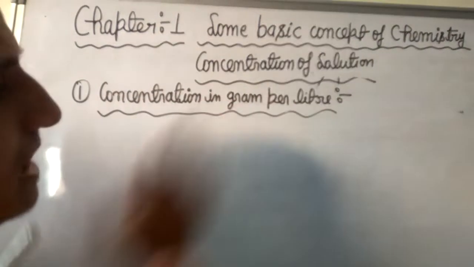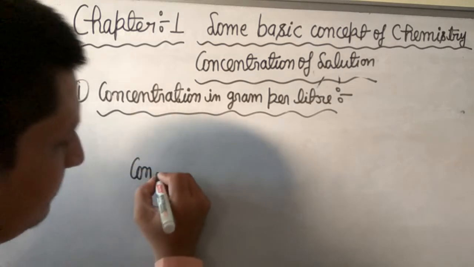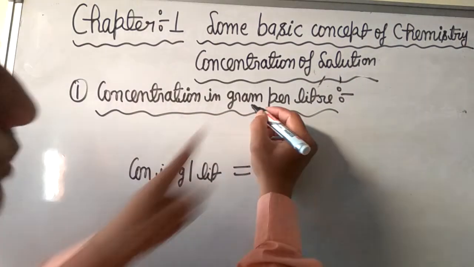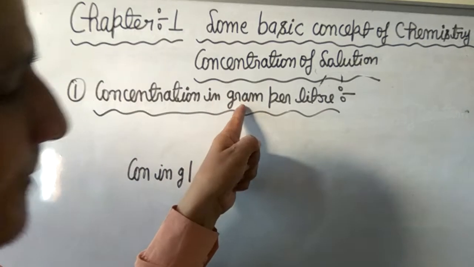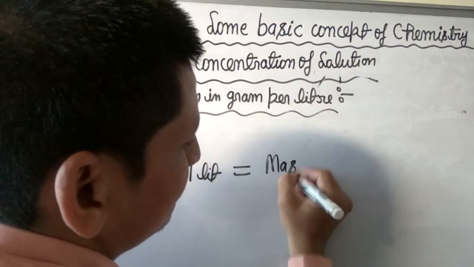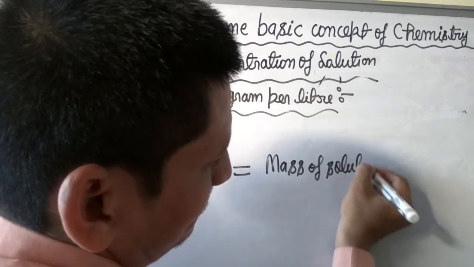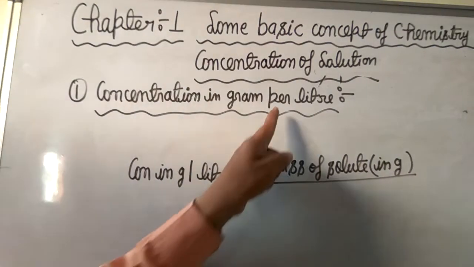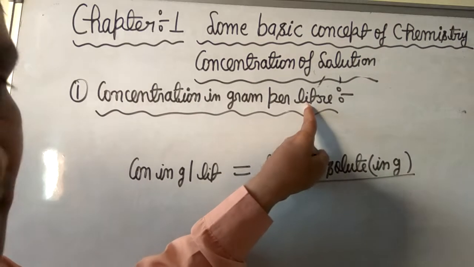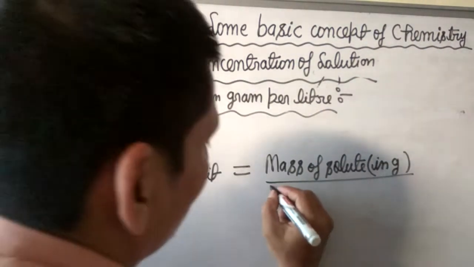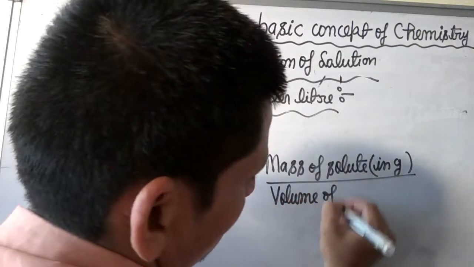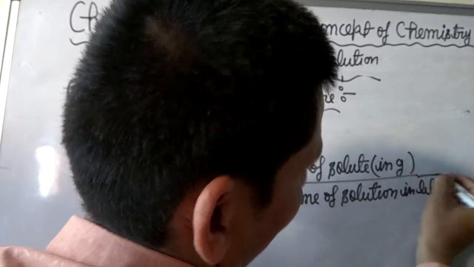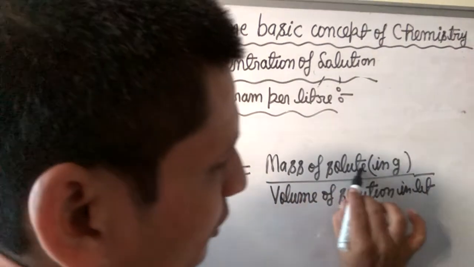So concentration in gram per liter is equal to mass of solute in gram upon, per means divide, volume of solution in liter.